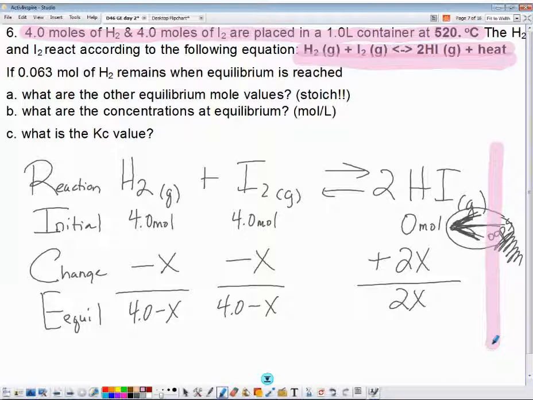Now let's read a little farther to help me figure out how to get a KC value, because ultimately that's what I'm going to do right here. The ultimate goal is to find the KC value. So they've got to give me some info.